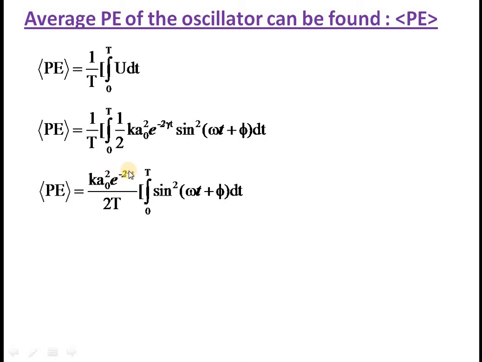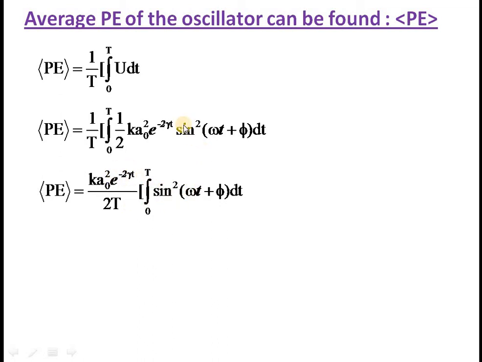Keep in mind e raised to minus 2 gamma t is almost a constant, almost equal to 1, even though it is a function of time. You may doubt why we don't integrate the exponential function which contains time. The reason is that e raised to minus 2 gamma t is almost a constant since gamma tends to 0; the resistive force is small compared to omega 0. Understand? So that is why it is taken outside.